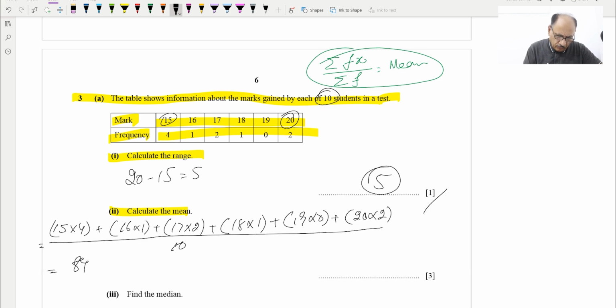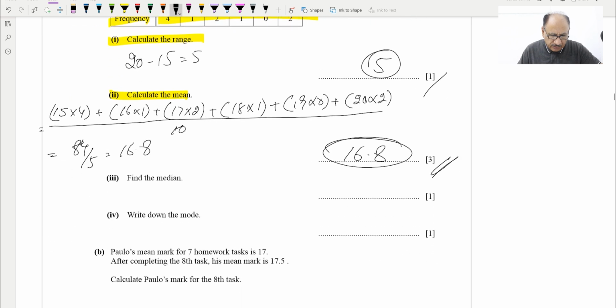So 84 by 5, which is equal to 16.8, and 16.8 will be mean, and this is for 3 marks. Hopefully you understand this.